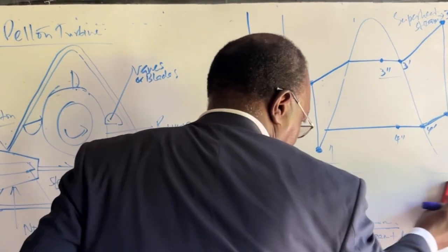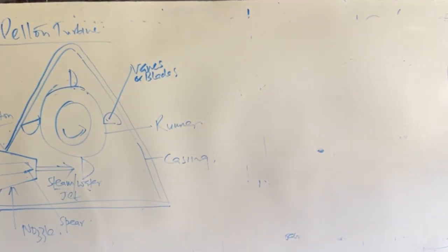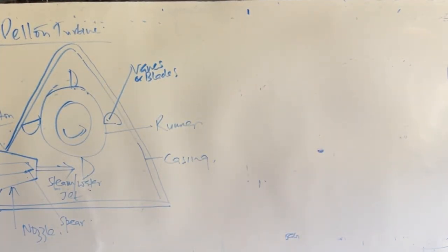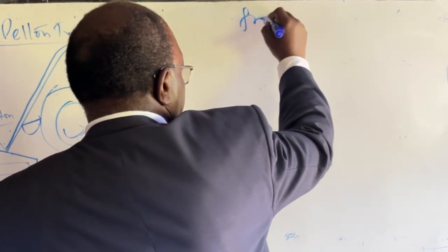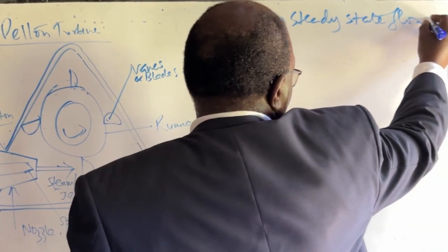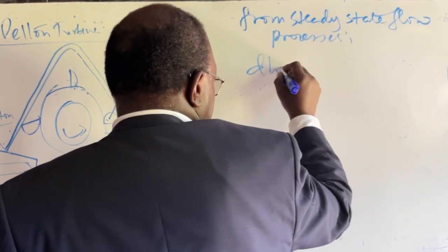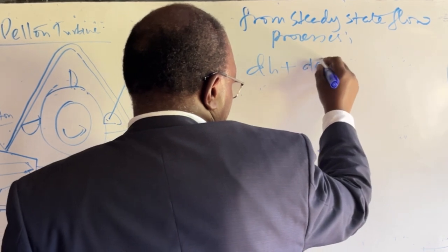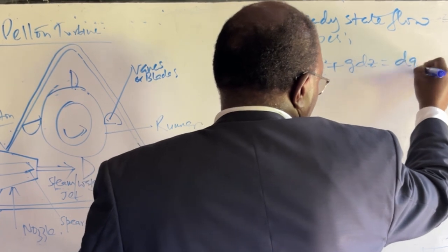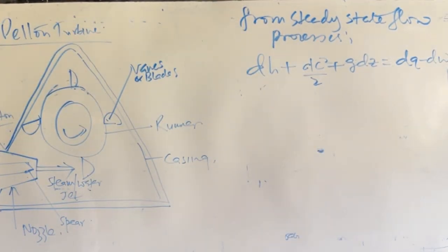Now, when we are dealing with steady-state flow processes, the first law of thermodynamics changes from what we had before. The first law becomes dH + d(c²/2) + g dz = dQ - dW.